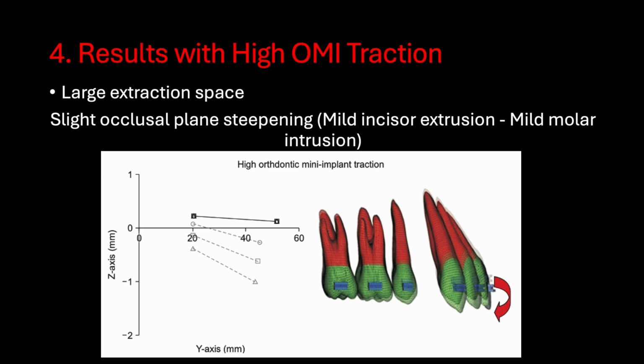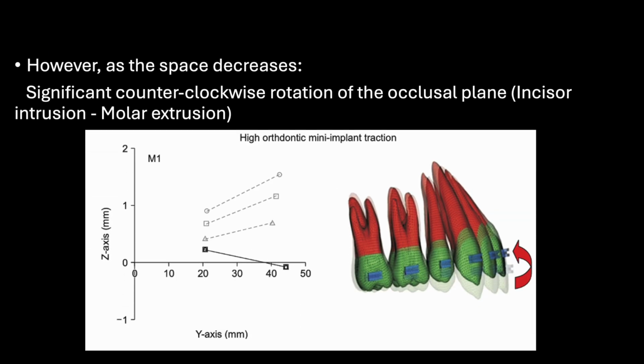But with high OMI, there is something different. When the extraction space is large, it still has the same phenomenon, the occlusal plane becomes steeper, but not too much, just slight and small. However, the main difference happens when the extraction space is small. At this time, you can see the occlusal plane will rotate counterclockwise. This phenomenon is opposite to the previous one.